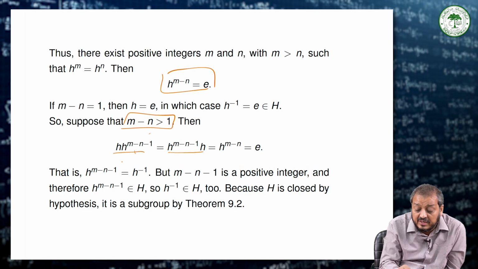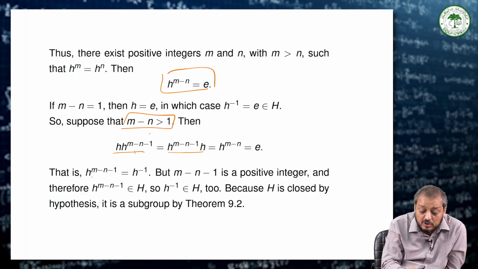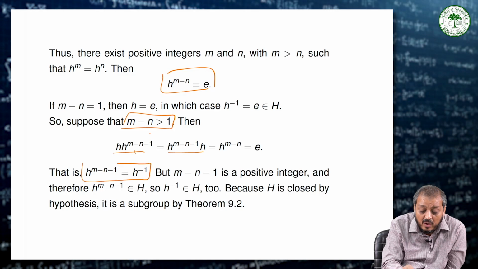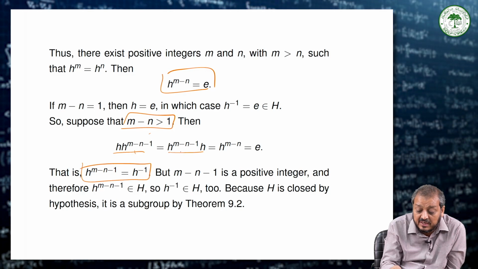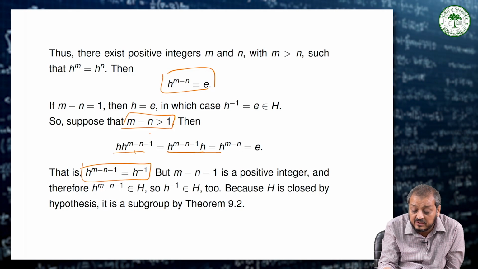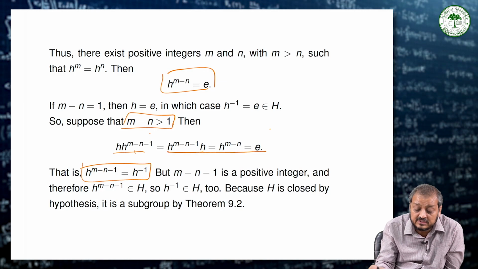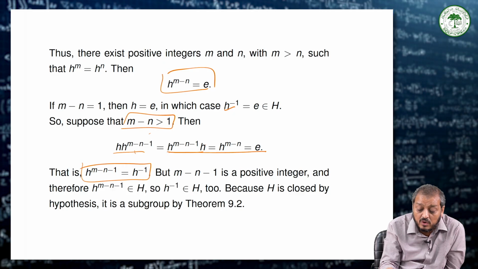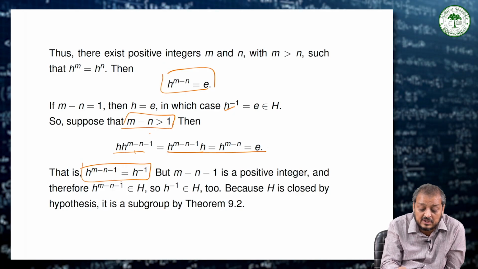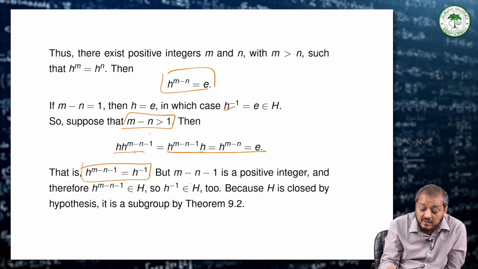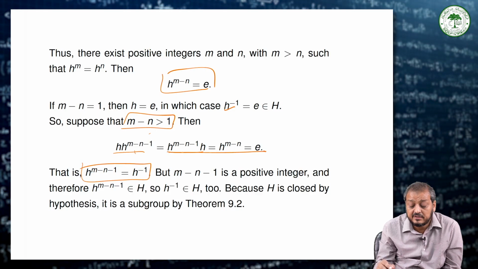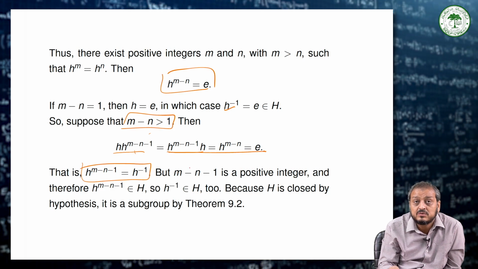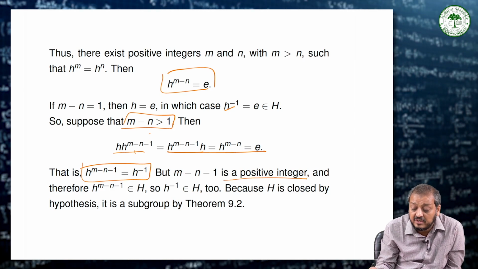Now we can say that h to the power m minus 1 is equal to h inverse, because this thing is equal to the identity, so we multiply by the inverse, because h inverse is already an element of H. But you can see that m minus n minus 1 is a positive integer.